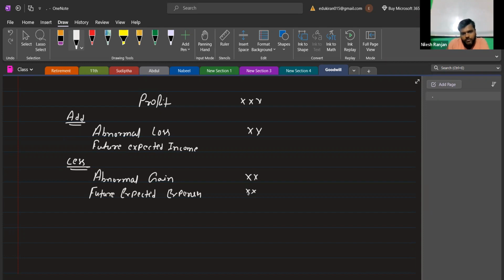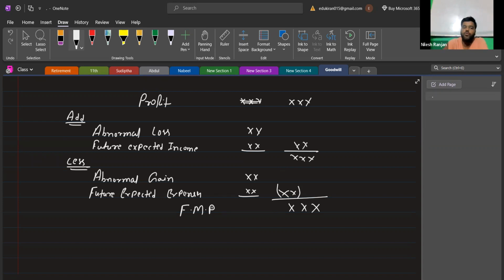So this amount will be outside. These two items will be added, and these two items' total will be deducted. This is your future maintainable profit, which can be maintained in future.